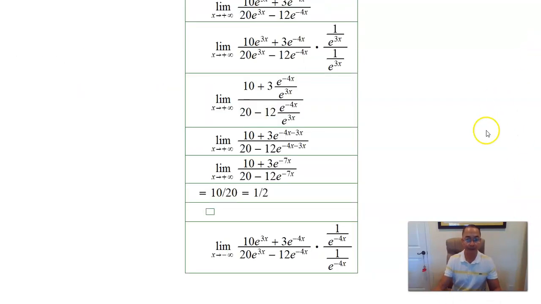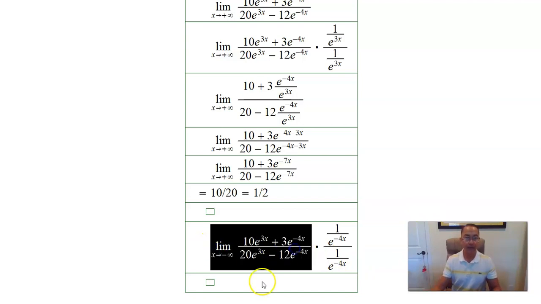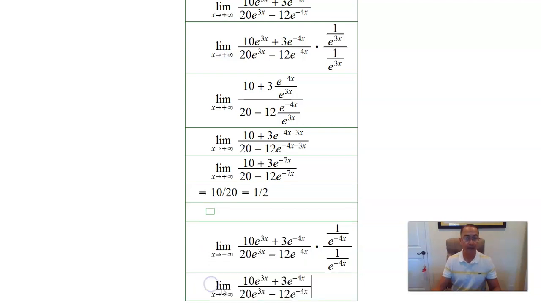Get back over there. Oh, I know why, because we're reaching the end of that display. So what have we got here? This time, the e to the minus 4x's cancel. So let's put that here. This becomes 1, and that becomes 1.